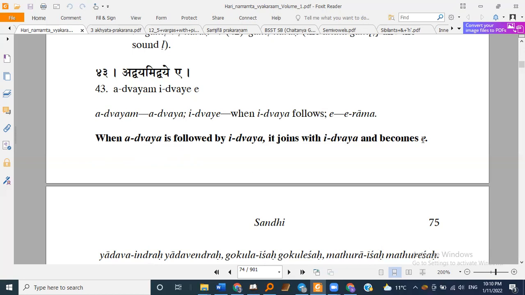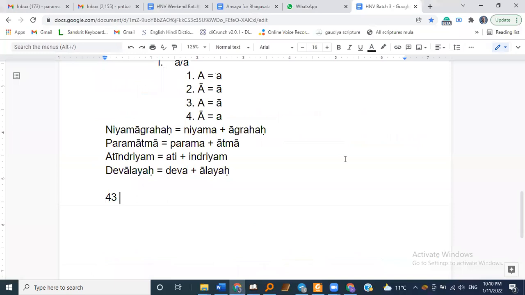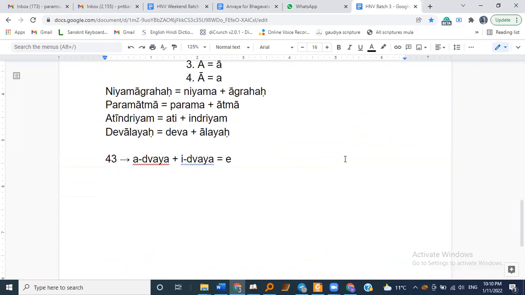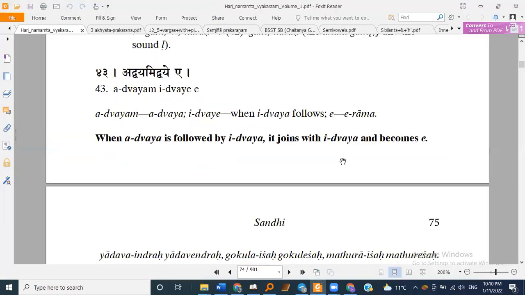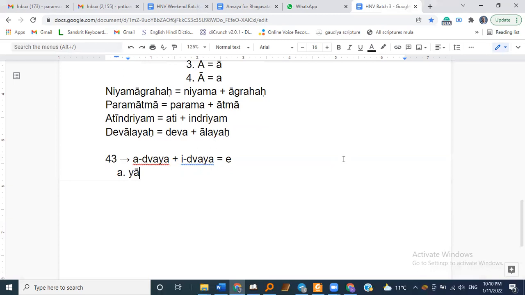I'll explain it. Sutra 43 says, if we have Advaya followed by Idvaya, then both of them are replaced by the letter A Rama. For example, Jīva Gosvāmī says, Krishnendriya.